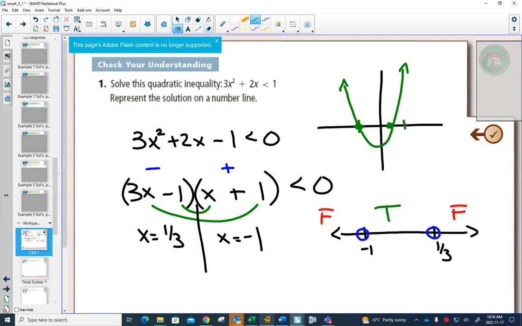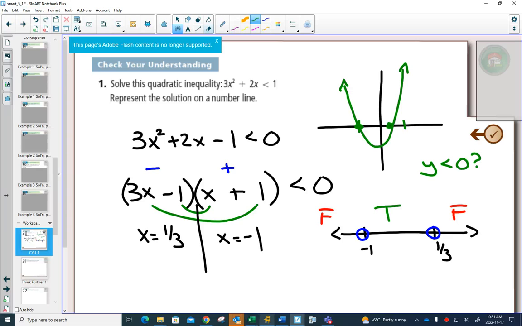I don't need to label exactly where my vertex is. I just have to have a picture of the parabola. What are we looking for? We are looking for when the parabola is less than 0. In other words, because the parabola would be y equals this, when are the y values less than 0?